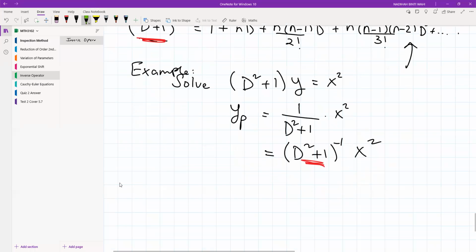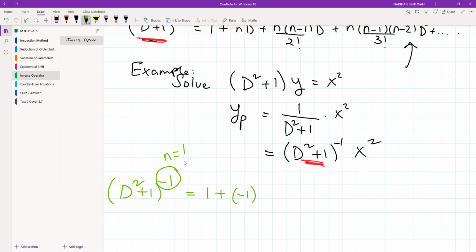So kalau saya buat D kuasa 2 tambah 1 minus 1. So this is just 1 tambah N. N adalah negatif 1, saya terus masukkan. So in this case, this is N sama dengan 1 minus 1.